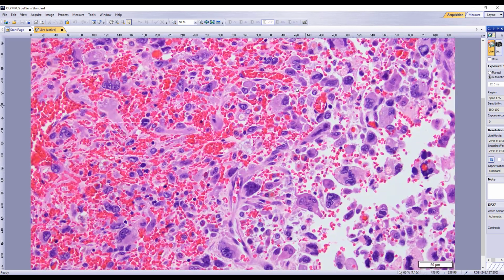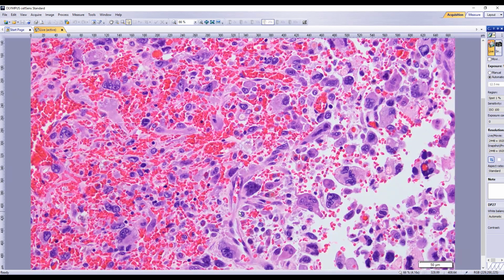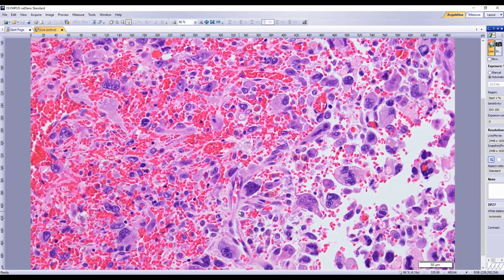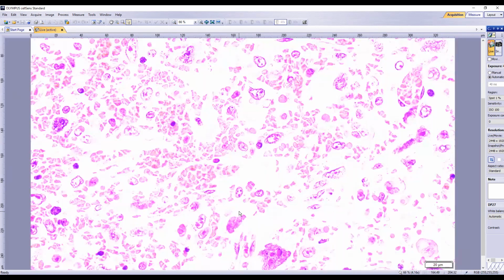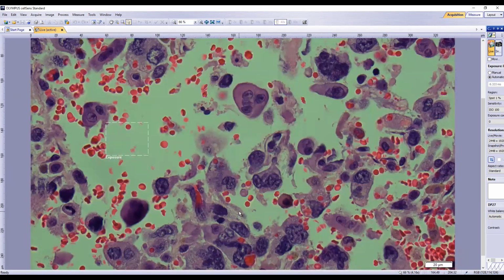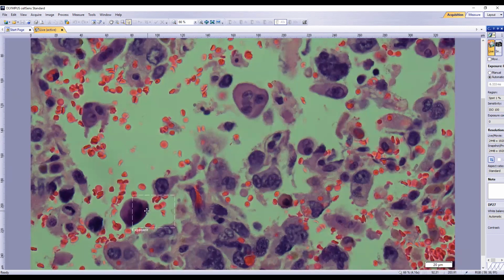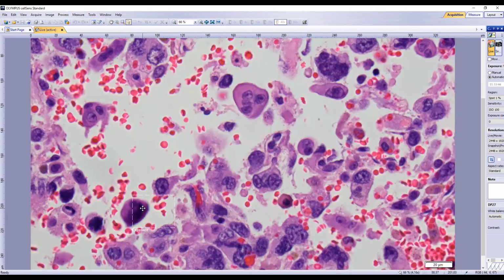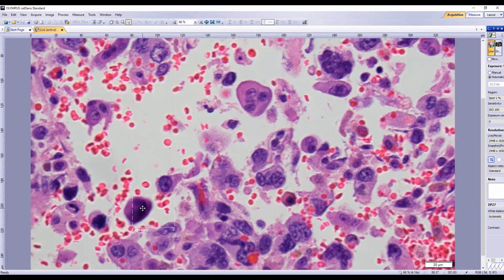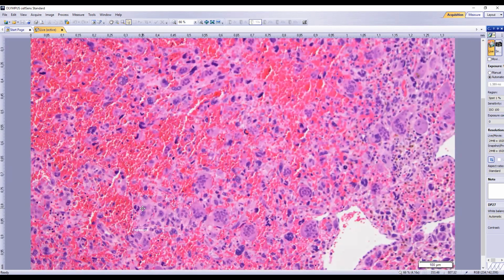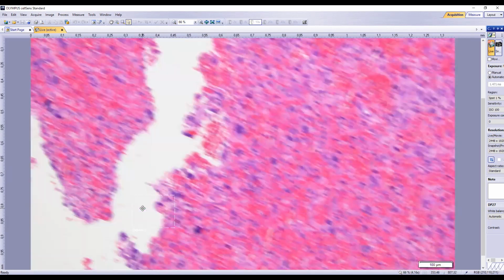So would you just disregard this as giant cells? They're pretty ugly, atypical looking cells, yeah. Yeah, they look ugly, right? So it is a tumor, but it also has these admixed giant cells.